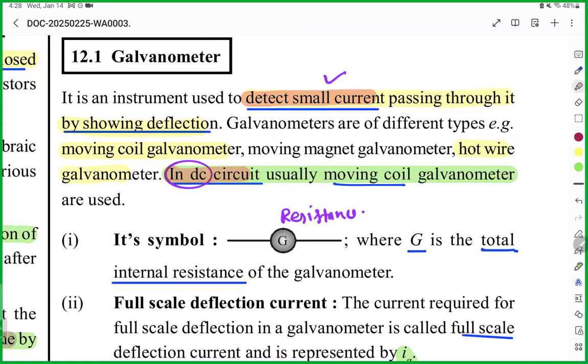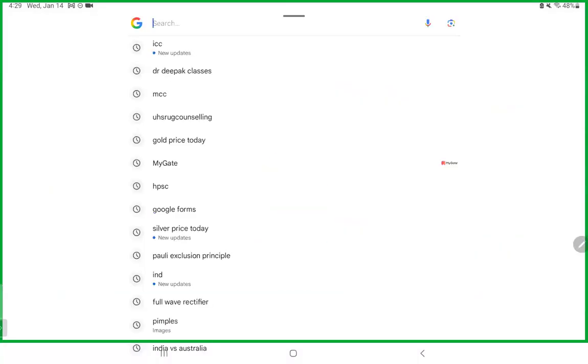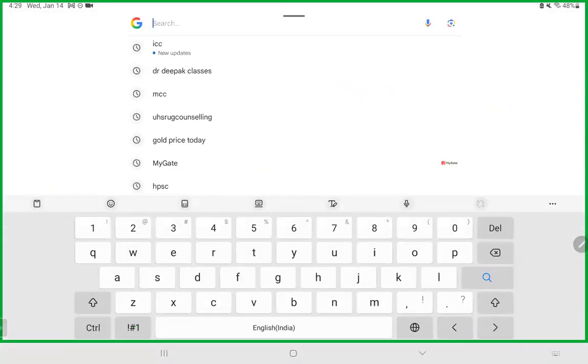So we'll do it here. Galvanometer, an instrument that detects very small current. How? Deflection. You must have seen a galvanometer in real life. Even in the motor at your terrace it must be there.